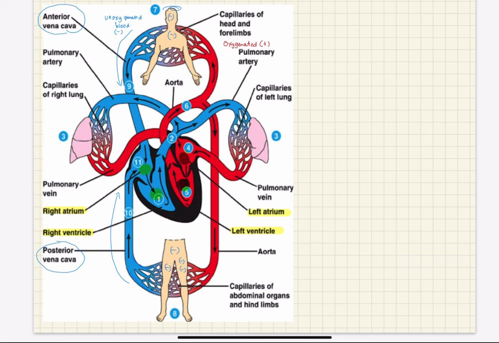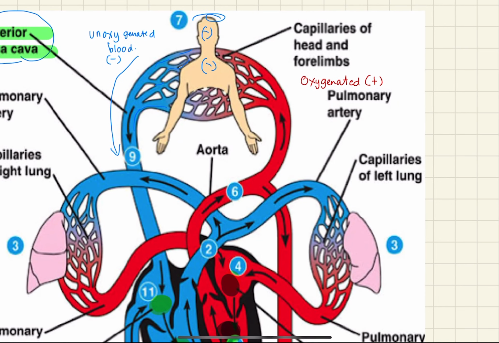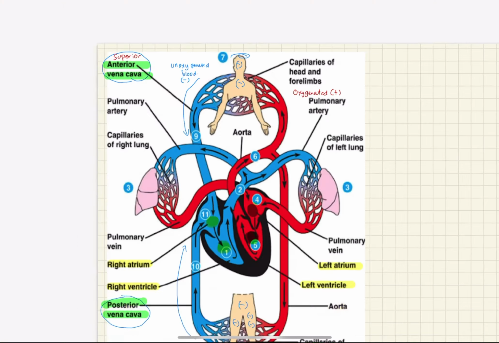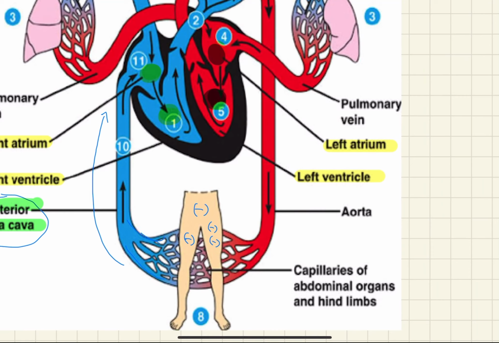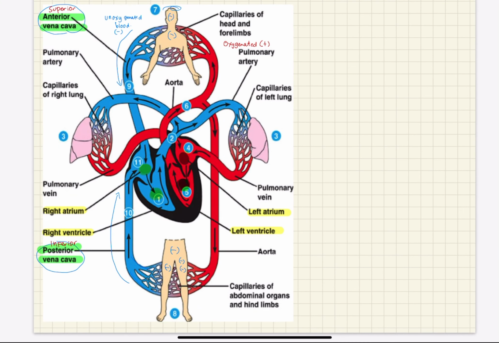There are other books po that say na hindi siya anterior vena cava and posterior vena cava, kundi they use the term superior vena cava, okay, for the upper part of the body. And then, ang tawag naman po dito is inferior vena cava. So pareho lang po ang ibig sabihin niyan.